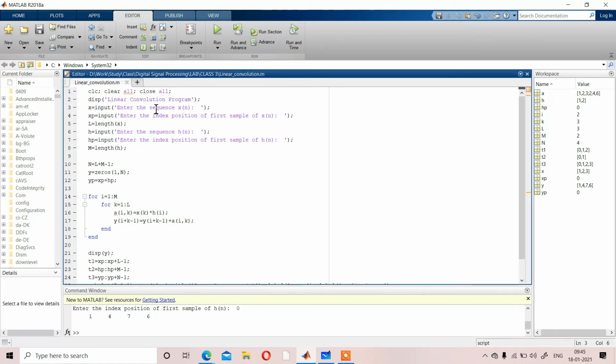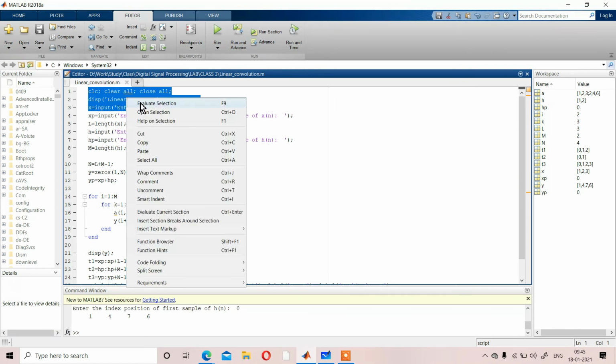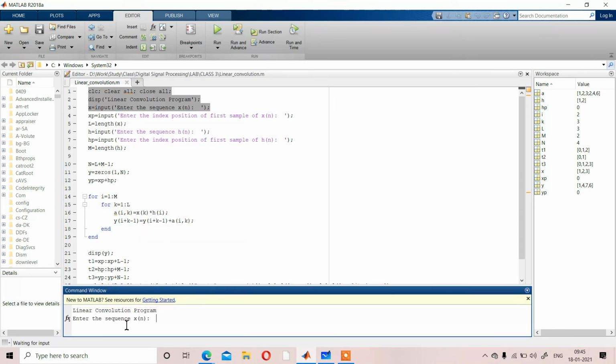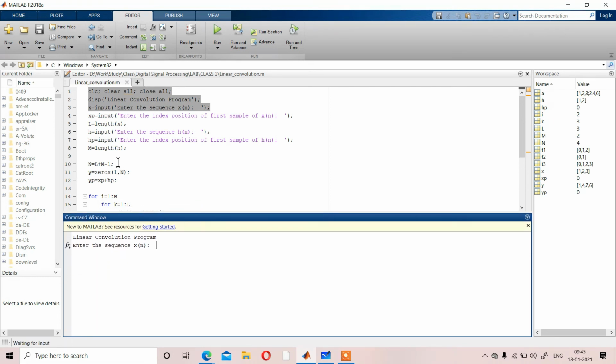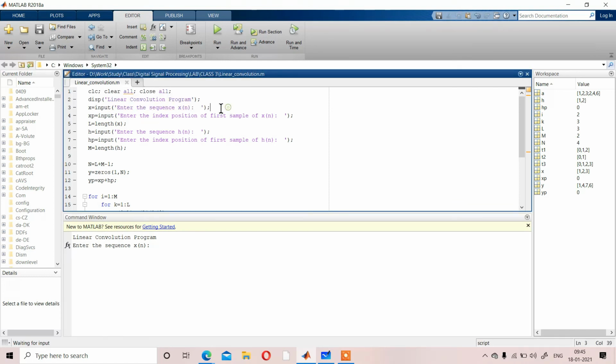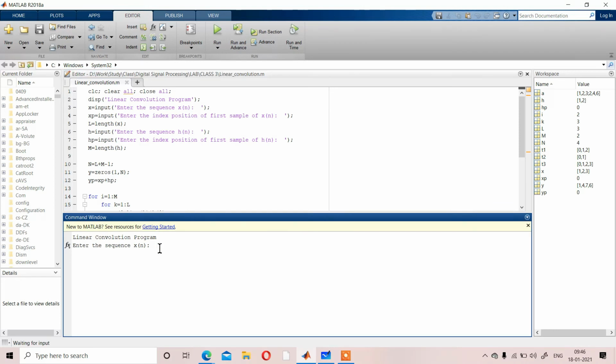X input, enter the sequence xn. If we write up to that, you can see in the command window that whenever we run the code, X input, enter the sequence of xn, it is asking to enter the sequence xn. So we will enter the sequence xn as our xn data.